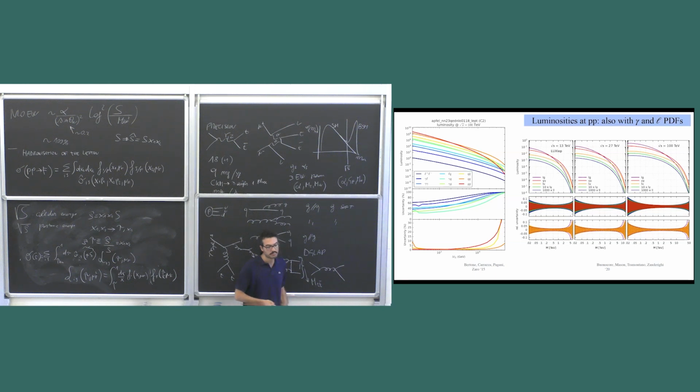This can be a single particle with mass x, or a pair of particles at that given invariant mass. So the first important thing is that this luminosity starts at small mass with an incredibly large value and drops very quickly, okay? So the probability to produce something that has an invariant mass of the order of the energy of the collider is very, very suppressed.